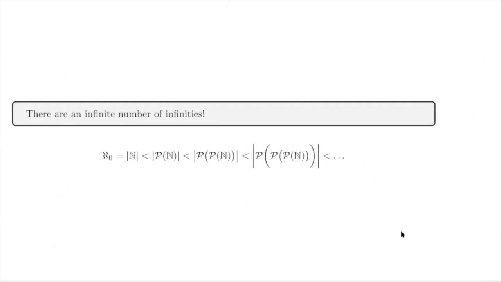Starting with the smallest infinity is what we call Aleph 0. So that's like the countable infinity. All of these other infinities are bigger than it, so all of these other infinities are uncountable.